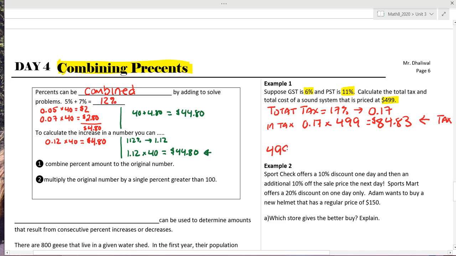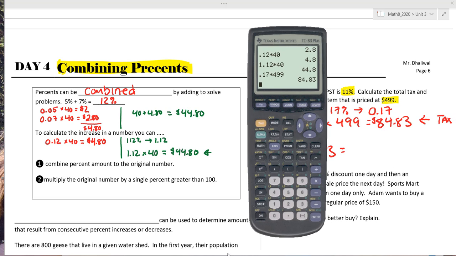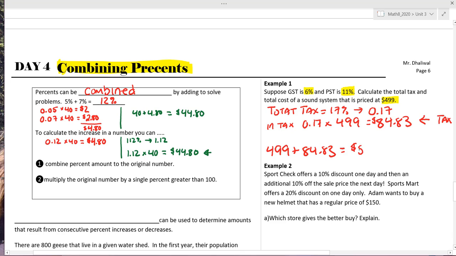So the system costs $499, and we pay $84.83 in tax, and we just add those two numbers. So I'm going to add $499, and we get $583.83. Okay? So that is our total cost.